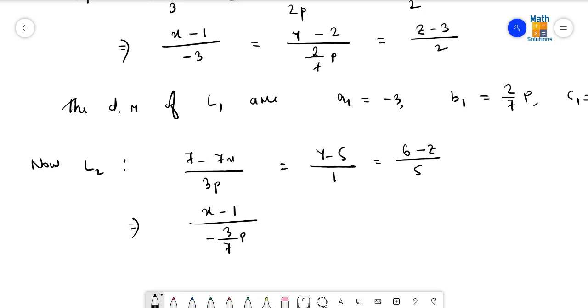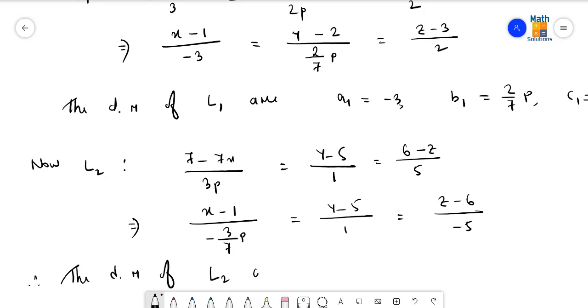What did I do here? Both numerator and denominator are divided by minus 7, and ultimately I got this result. That is equal to y minus 5 by 1, that is equal to z minus 6 by minus 5. Therefore, the direction ratios of L2 are A2 is equal to minus 3 by 7p, then B2 is equal to 1, C2 is equal to minus 5.